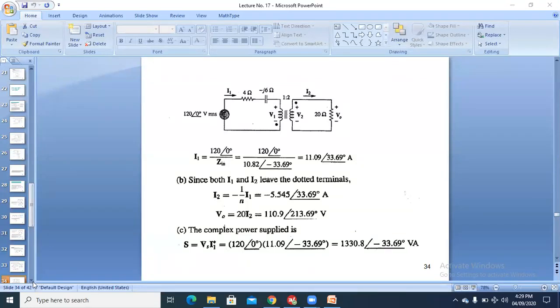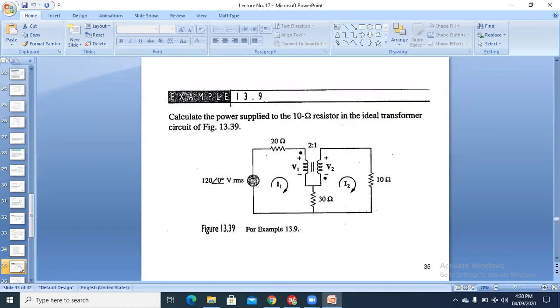So we have another problem. In this problem, the primary and secondary networks are not isolated. They are connected with each other by a 30 ohm resistance.